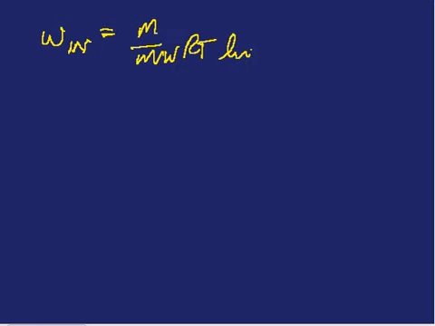And that becomes work in equals m over molecular weight RT ln of V1 over V2. So we've taken the minus sign and flipped these. ln of 1 over a number is minus ln of that number.